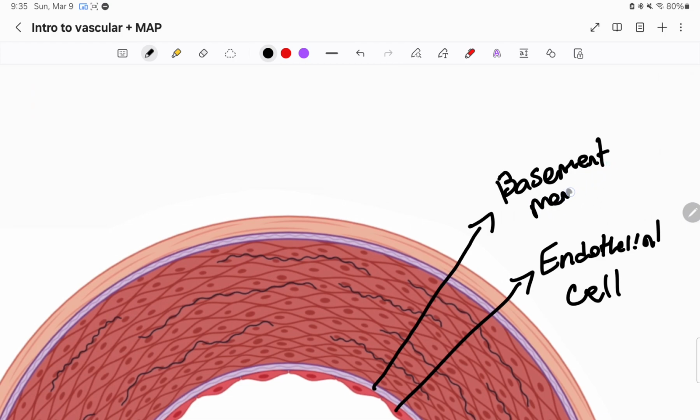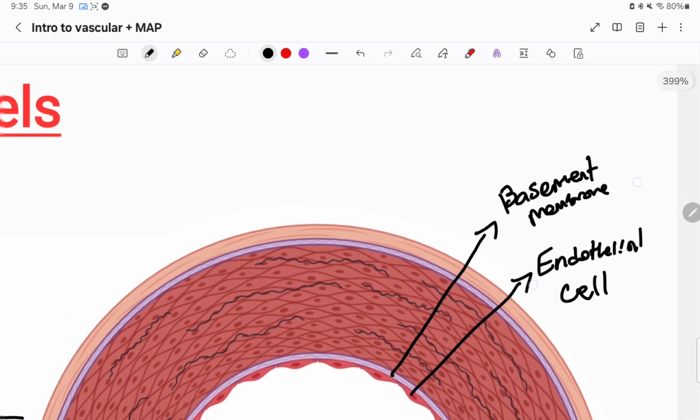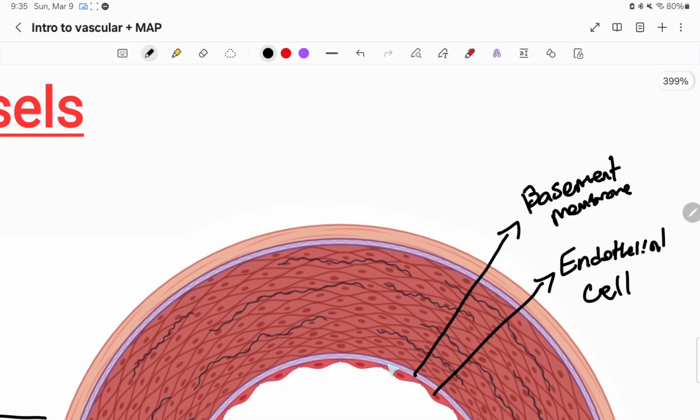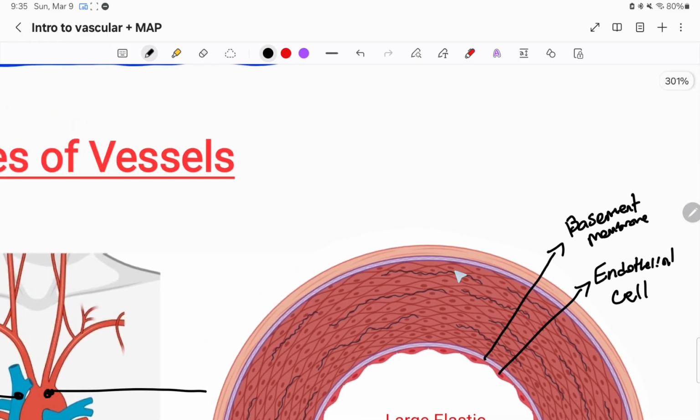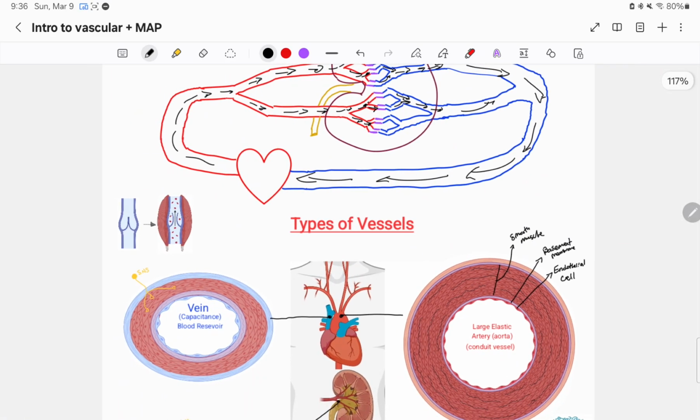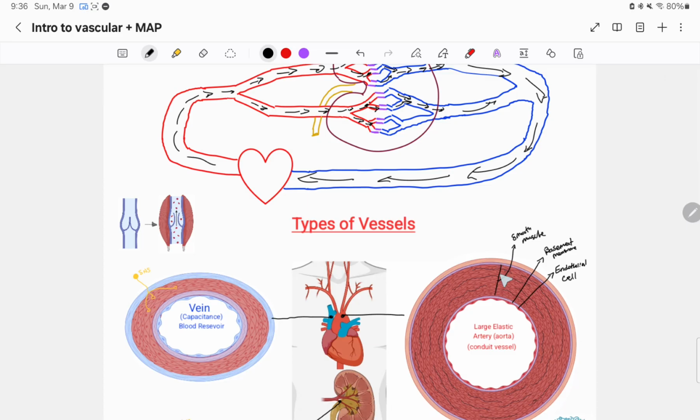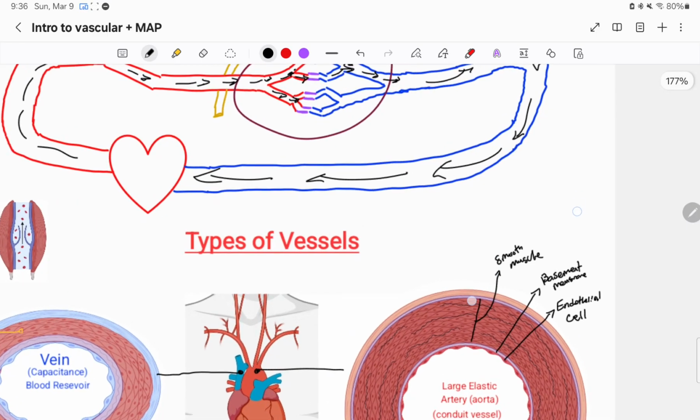All right, working our way one more layer outwards, I see this thick, giant muscular layer of smooth muscle. And you'll notice that the aorta, as thick as it is, has a very, very thick smooth muscle layer, and we can compare that later to all the other ones.